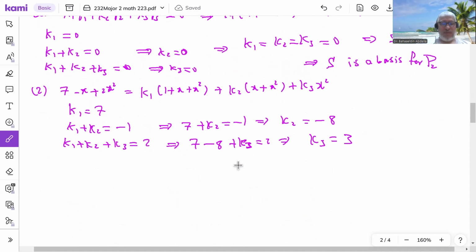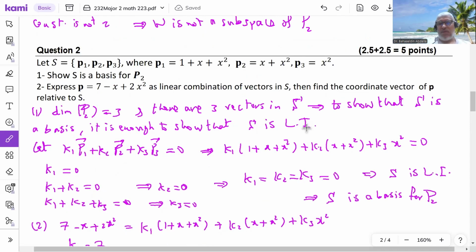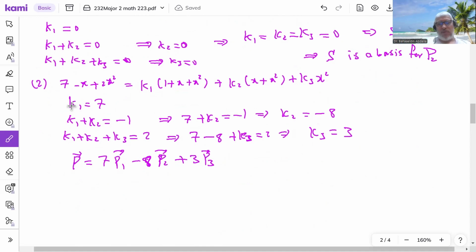So P would be equal to 7 P1 minus 8 P2 plus 3 P3. And the coordinate vector of P relative to S, we denote this by P_S.